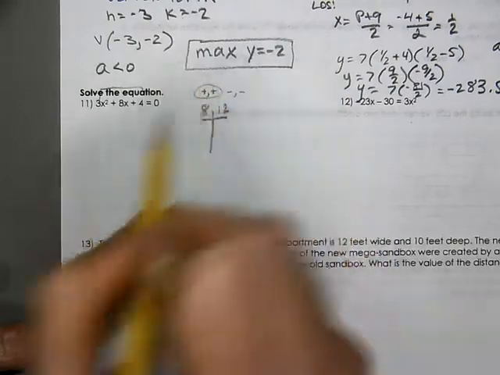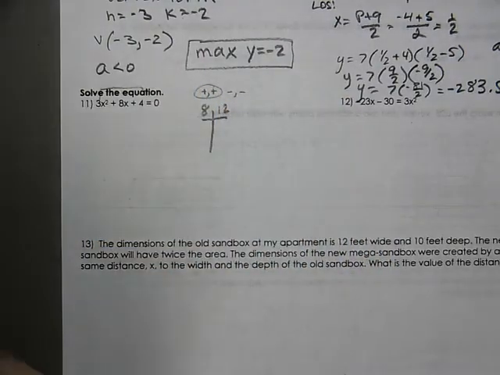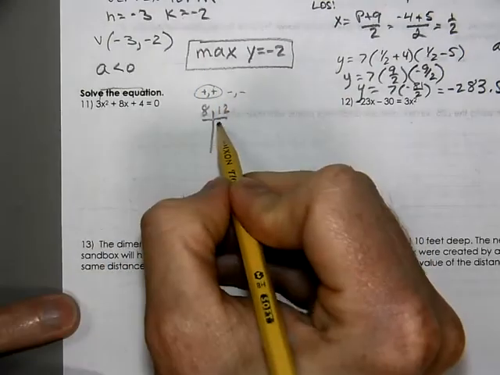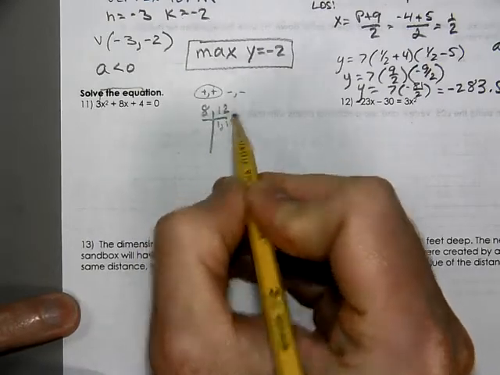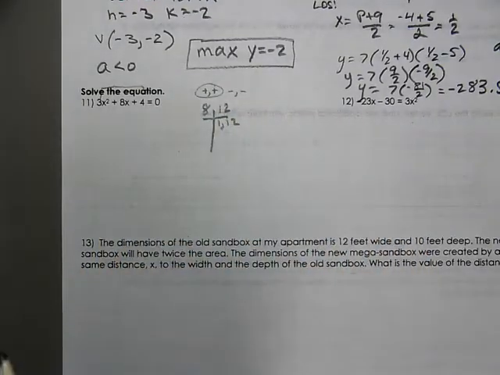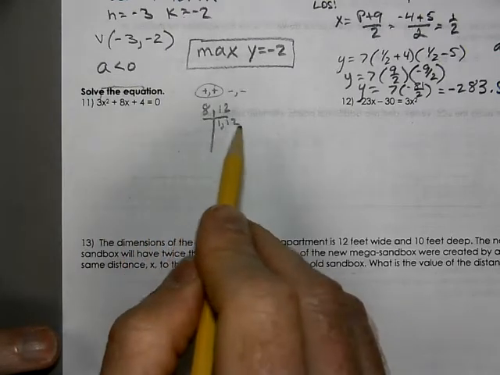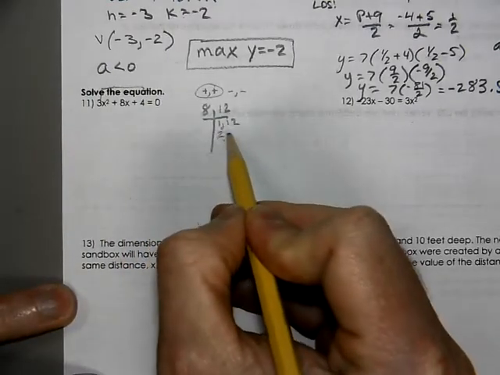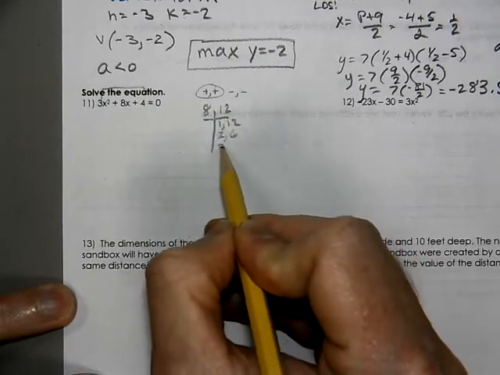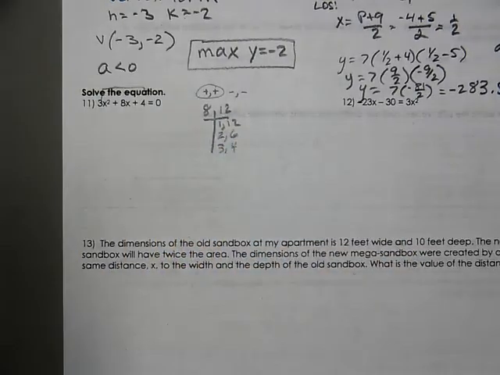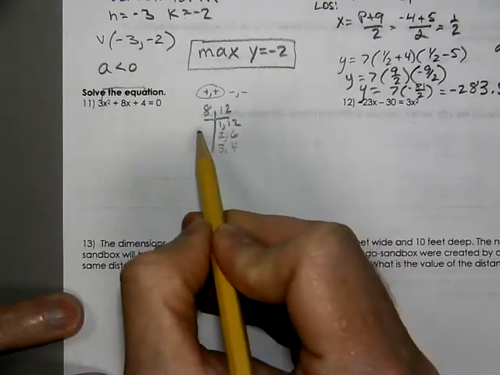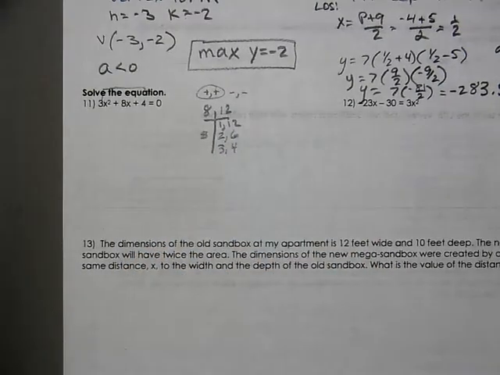I'm going to point out that they both need to be positive because they add to be a positive. So if you don't recognize what the factors are right away, we would start out with 1 times 12 makes 12, 2 times 6 makes 12, 3 times 4 makes 12. The 6 and the 2 are the only way that we can get to 8.